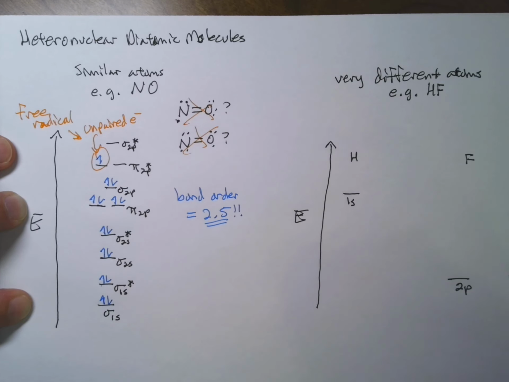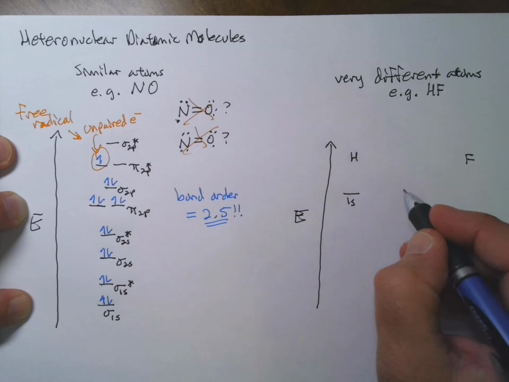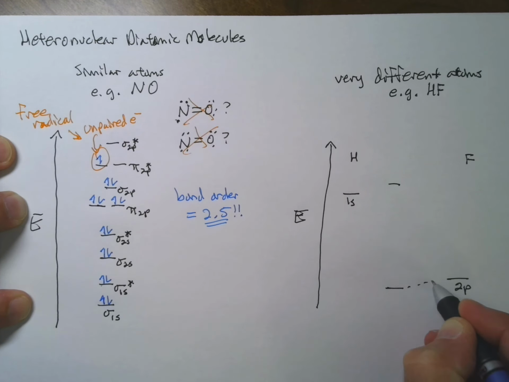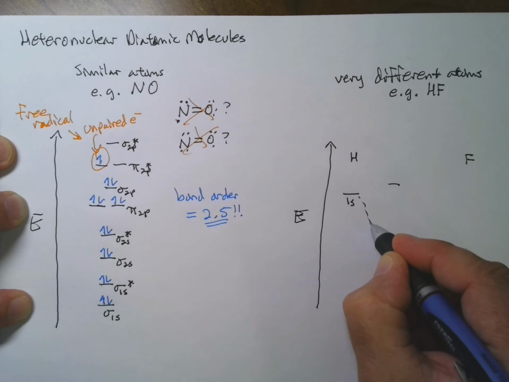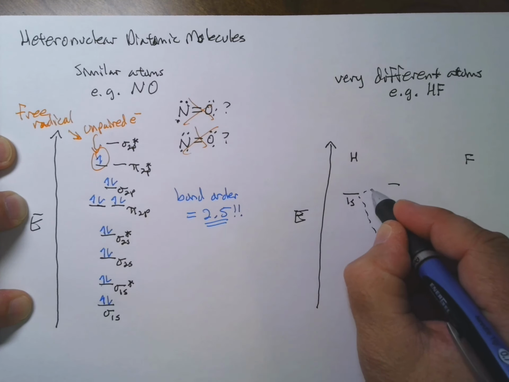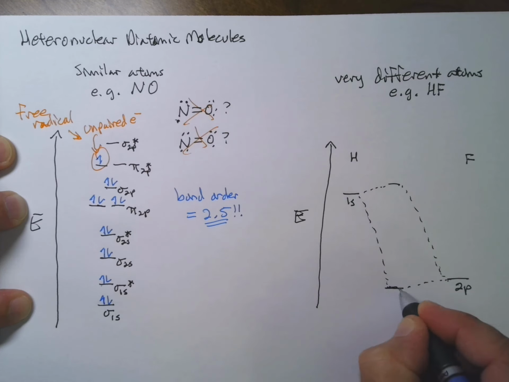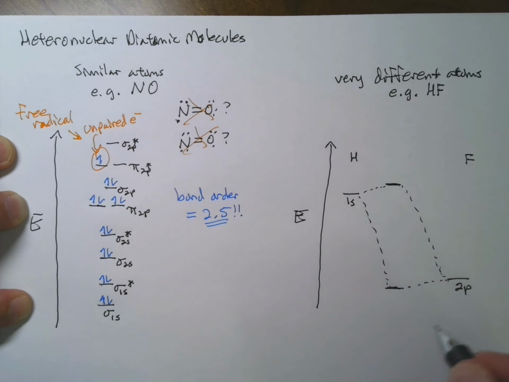So I take a 1s orbital and I take my 2p orbital that only has one electron in it, and I'll go ahead then and come up with this very distorted molecular orbital.